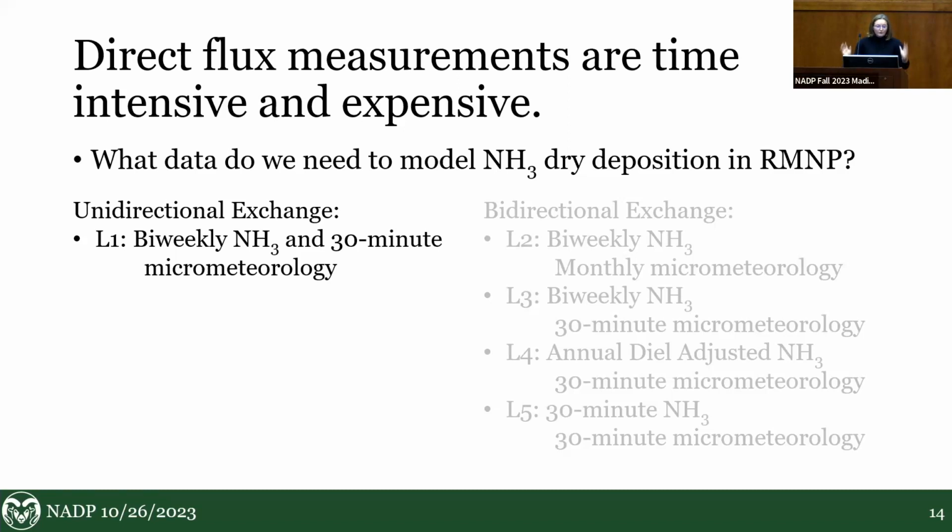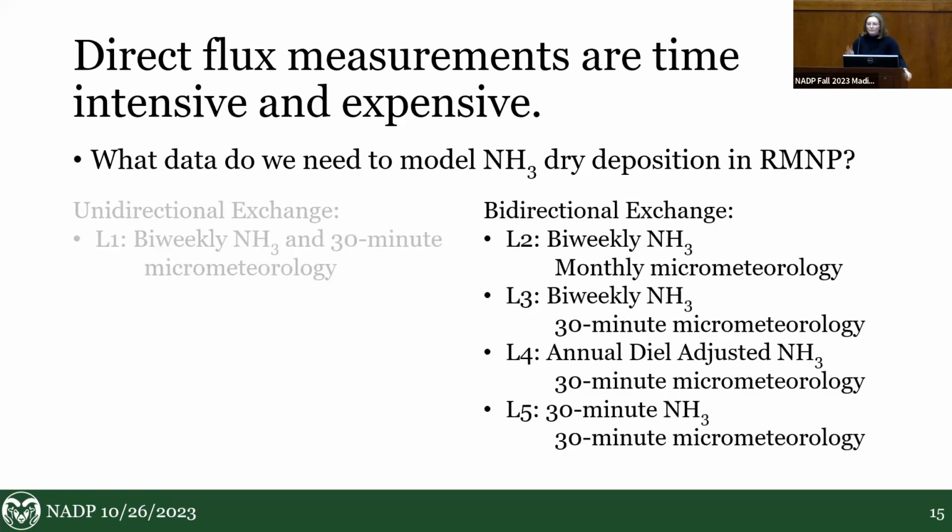So for this talk, I'm really in two different categories. We have this unidirectional, which is going to take into account what we've historically done in the past. And then we have these four different bidirectional methods where I'm going to compare different time resolutions of data, ranging from this pair of biweekly ammonia and monthly micrometeorology averages compared with 30-minute time resolution of both.